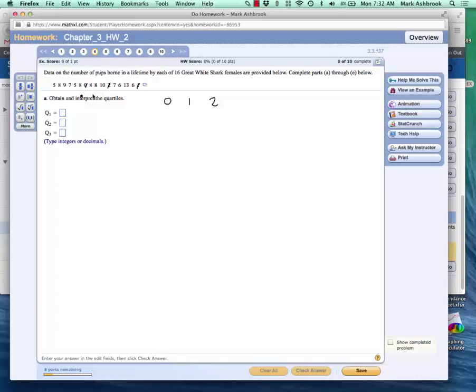Help me if I miss one. There's 5 is next, 2 5s. 2 6s. 2 7s and 3 8s.